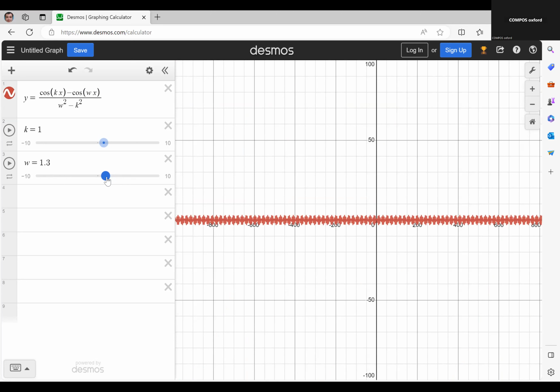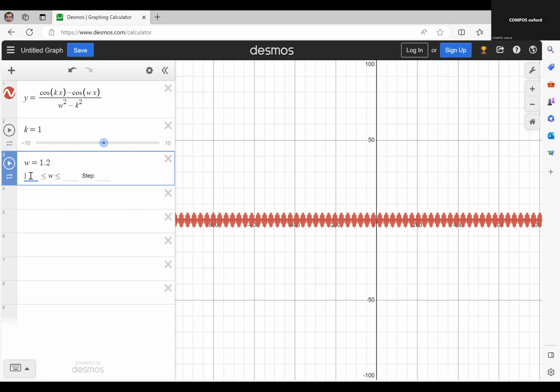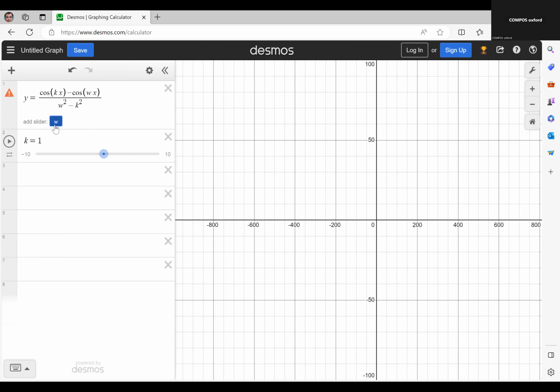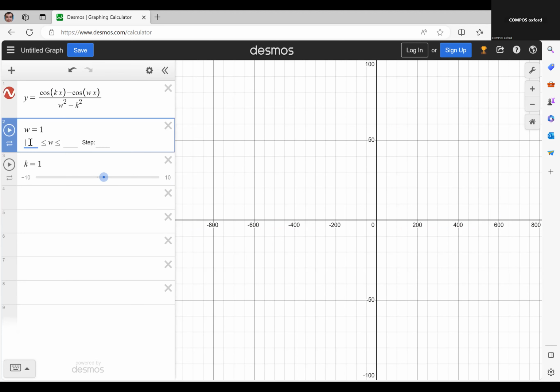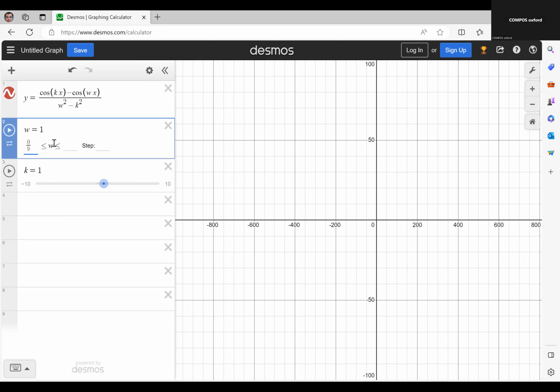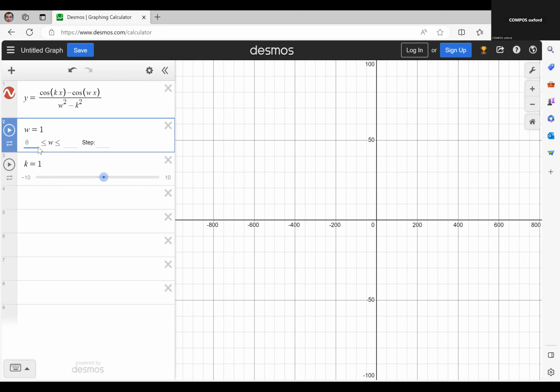But as omega becomes closer and closer to, I'll just change this to 0.9 to 1.3.